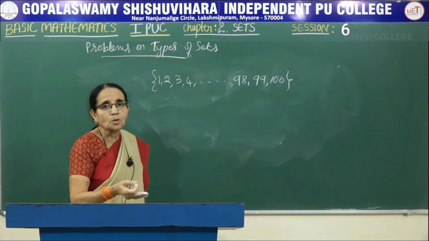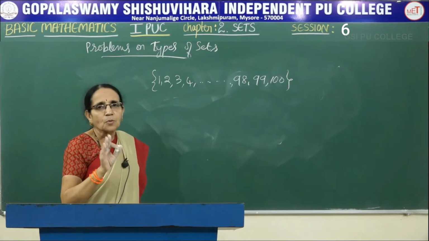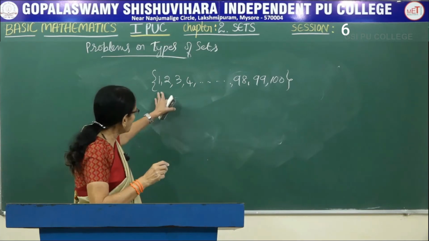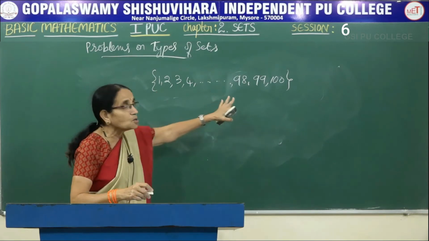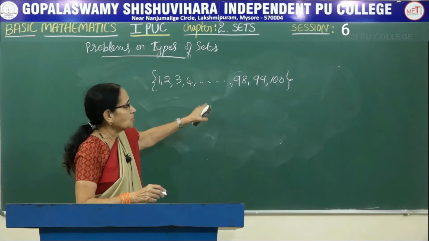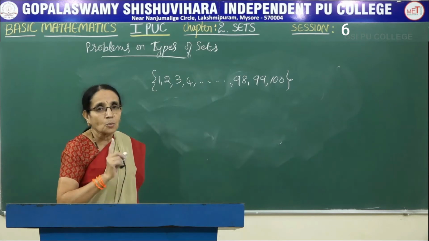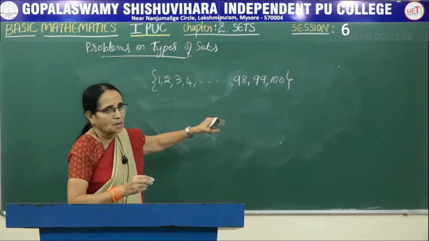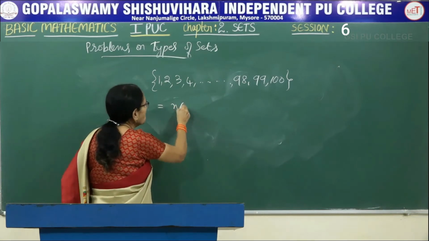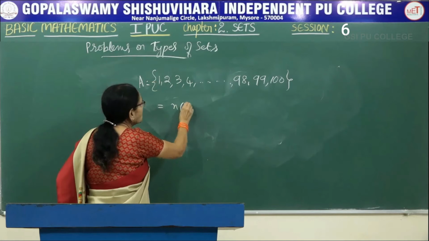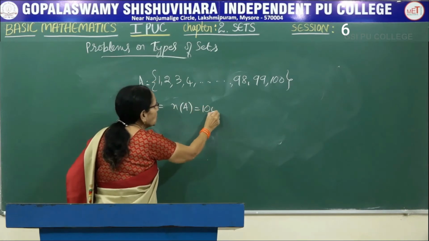Therefore, we did not know how many elements exist, so we took it as an infinite set. Here also, I am considering the natural numbers only. It starts with 1 and ends with 100. So, I am sure about how many elements are present. How many are there? 1 to 100. That means it has 100 elements. If you denote the set as A, I can write n(A) is equal to 100.